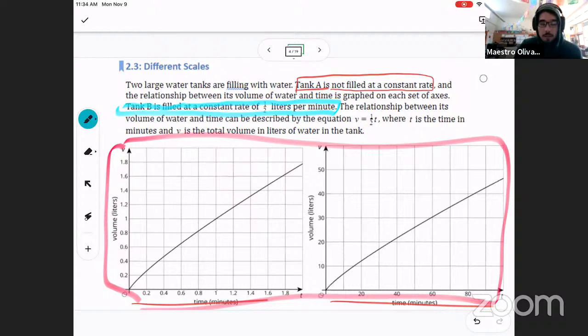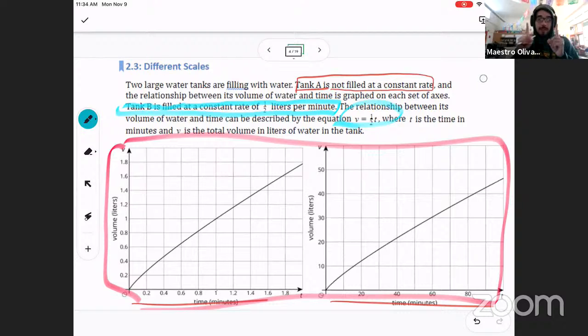The relationship between its volume of water and the time can be described by the equation V equals 1/2 times T, where T represents the time in minutes and V is the total volume of water in liters.